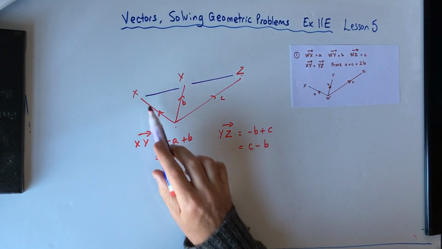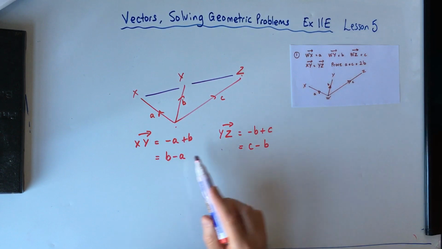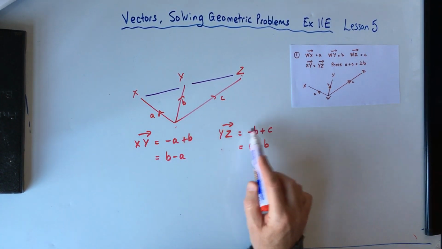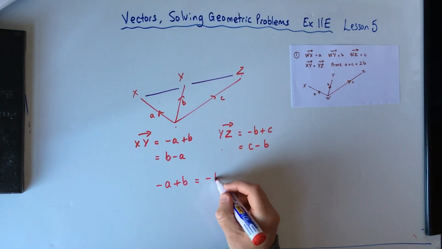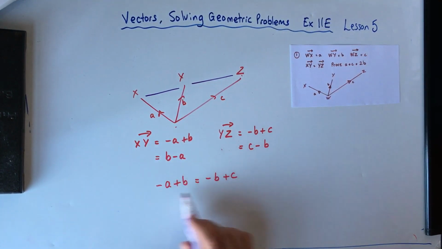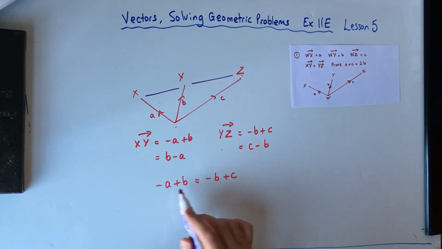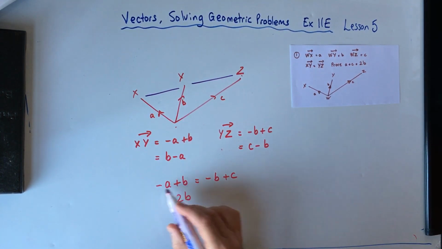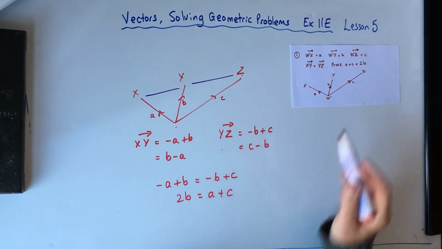Now, you're told that XY is equal to YZ. So all of that is equal to all of that. So minus A plus B is equal to minus B plus C. And when we rearrange all of that, you can see what's going to happen. I'll take the B over there, so I've got 2B, add A to both sides, A plus C, and there you go, you've got it.